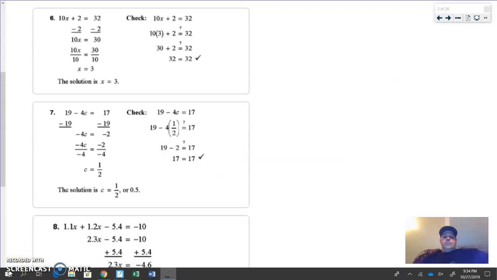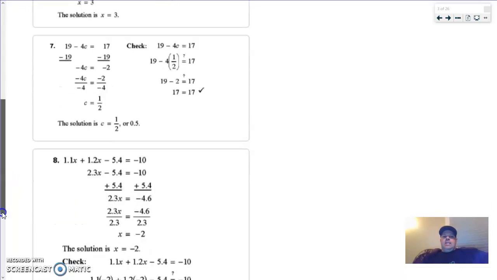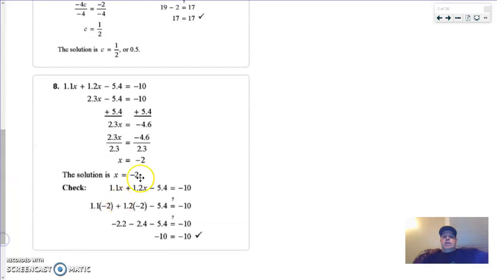Here are the answers to the homework problems. Number 6, the solution is x equals 3. Number 7, the solution is a half. Number 8, the solution is x equals negative 2.